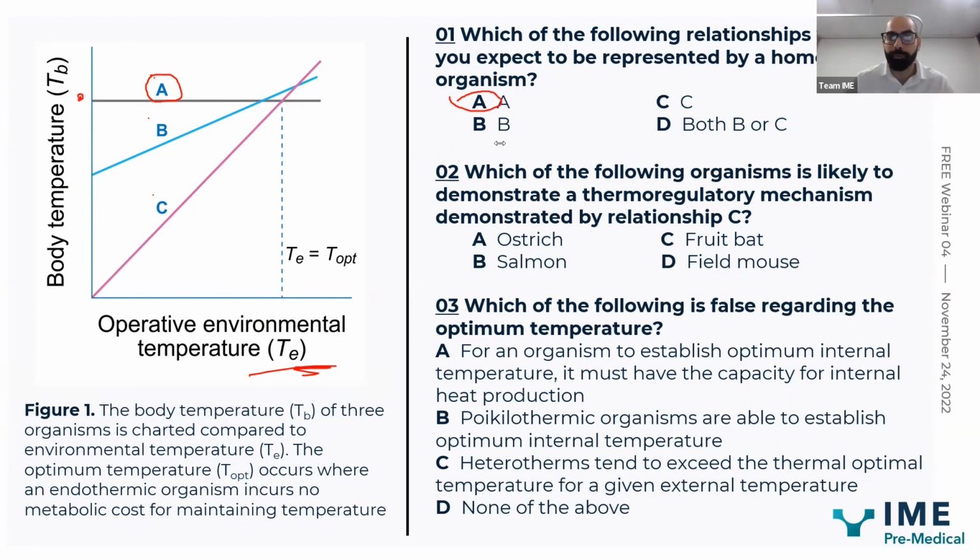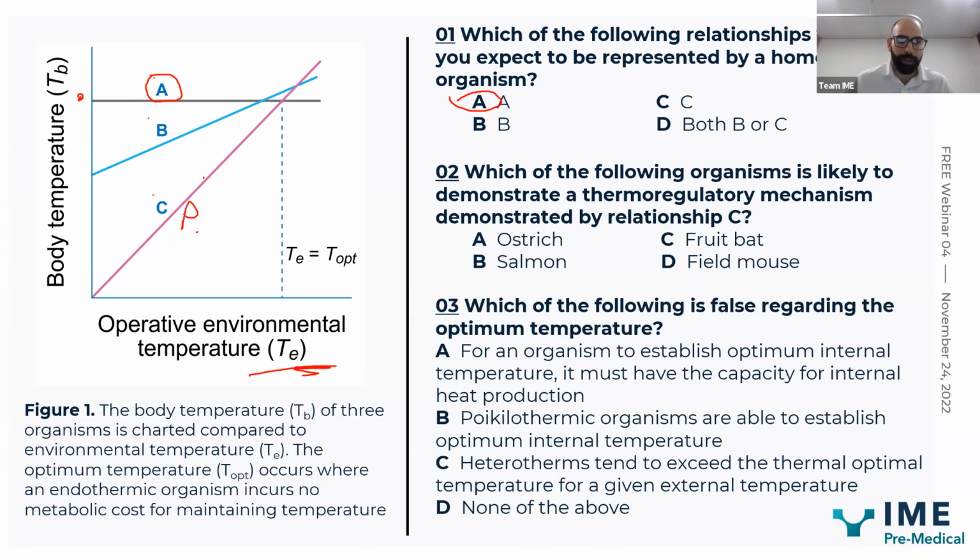Now, question 2 says: which of the following organisms is likely to demonstrate a thermoregulatory mechanism demonstrated by relationship C? So we know that between B and C, C is either going to be a poikilotherm or a homeotherm. And just by doing your research, you can tell it's got to be a poikilotherm, because a heterotherm is somewhere in between a poikilotherm and a homeotherm.